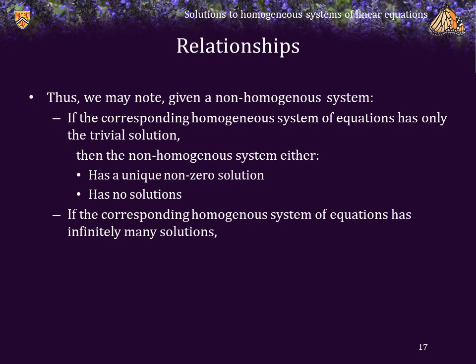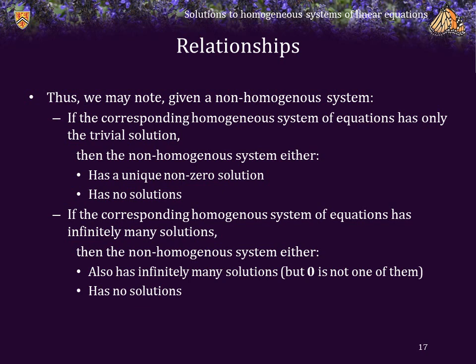If the corresponding homogeneous system of equations has infinitely many solutions, then the non-homogeneous system either also has infinitely many solutions, but the 0 vector is not in that collection, or it still may have no solutions.